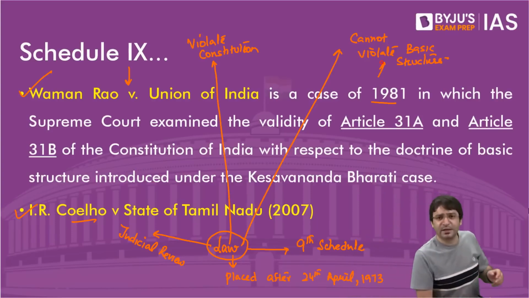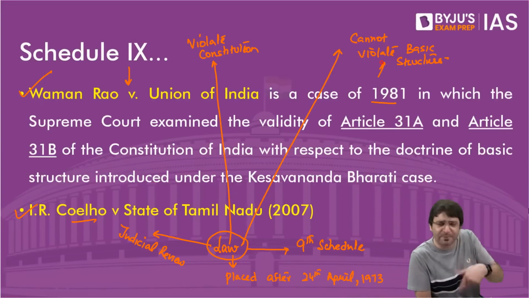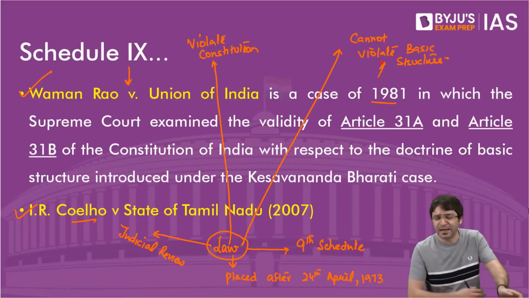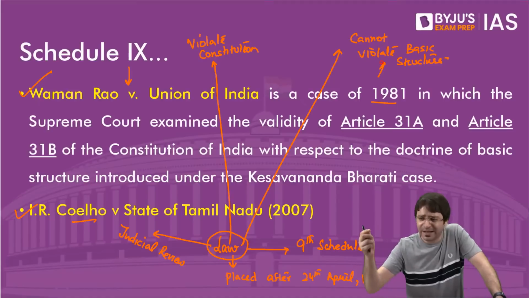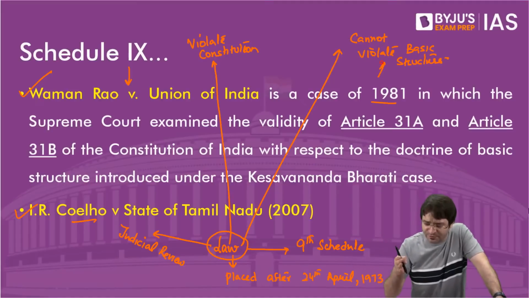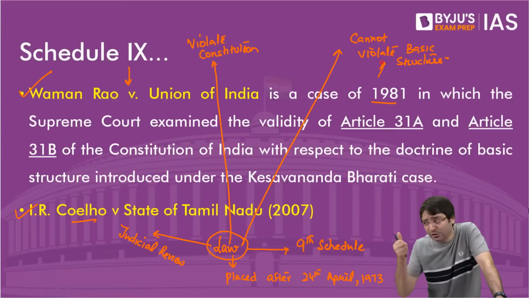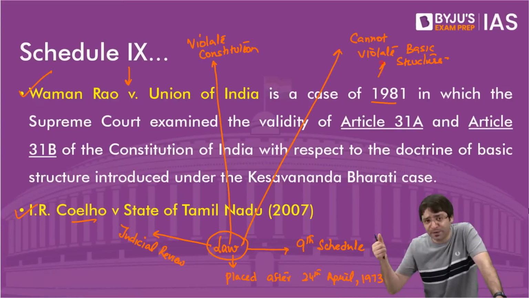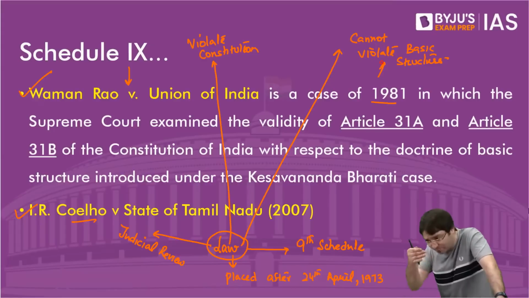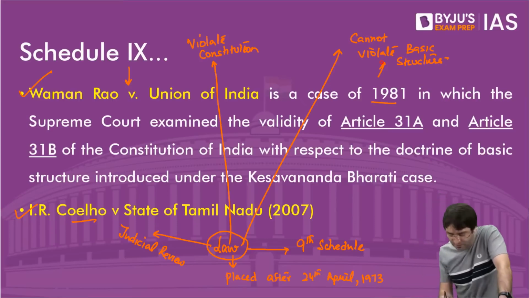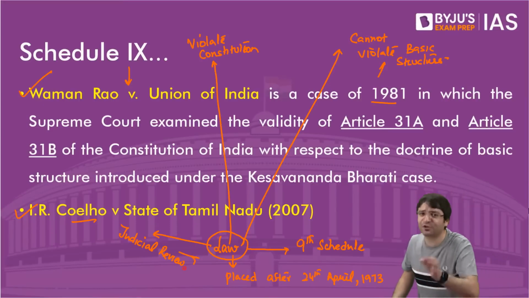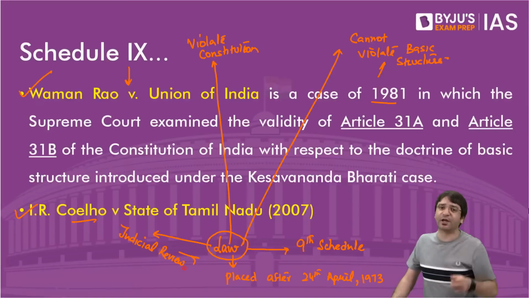But if the court has said that the 50% limit is not a basic structure, then if tomorrow Tamil Nadu, Kerala, Telangana, any state in India provides reservation beyond 50%, although the Supreme Court has said in the Indra Sawhney case that reservation cannot exceed 50%, but you are placing this law in the Ninth Schedule, you get protection. That means this law, even if it is placed after 24th April 1973, gets a protection.